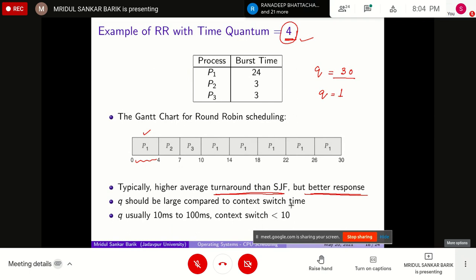For interactive systems, where the response time should be as minimum as possible, this round robin scheduling algorithm is used. And Q should be large compared to context switch time. Q is usually in the range of 10 milliseconds to 100 milliseconds, where the context switch is less than 10 milliseconds, right?